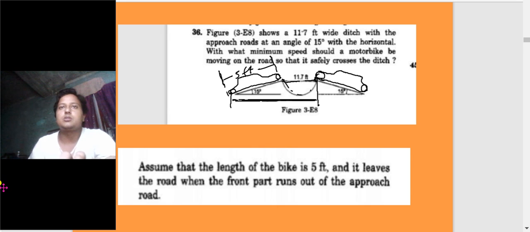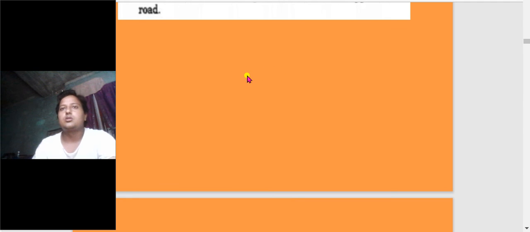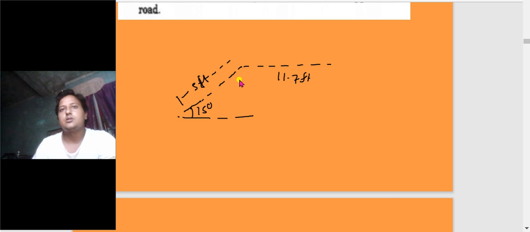In question number 36, this length is 11.7 feet. This length is 5 feet. This angle is given as 15 degree. So this length is 5 cos 15.